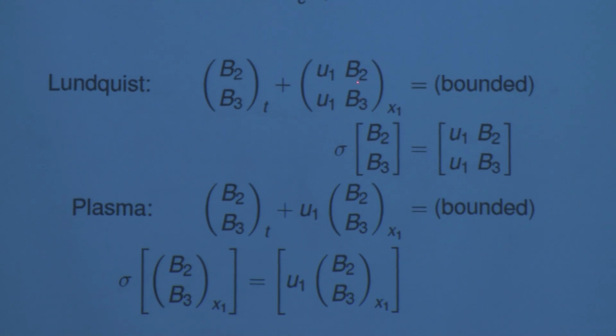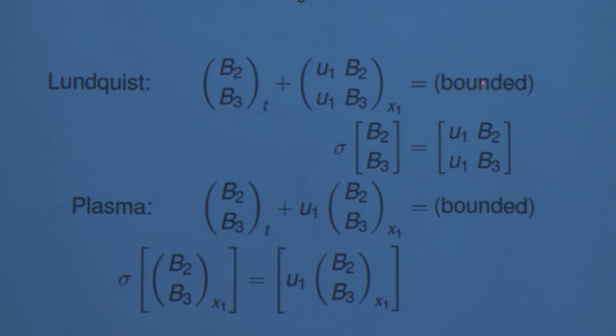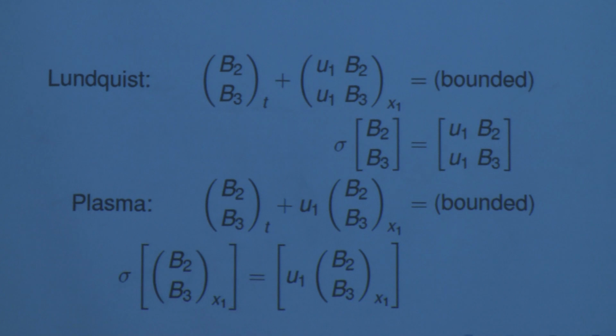You get this ordinary continuity equation with a bounded right side, and that means for a shock of speed sigma, the jump in sigma times the jump in the tangential components is just the jump in the normal velocity times that. So the tangential magnetic field components will develop discontinuities. And this is what we see in the fast shocks, slow shocks, et cetera, identified with Lundquist.